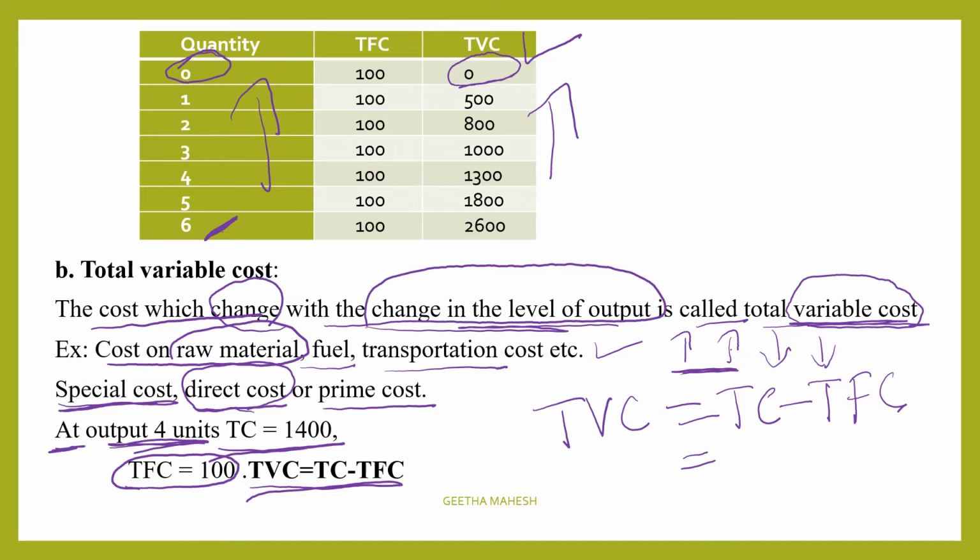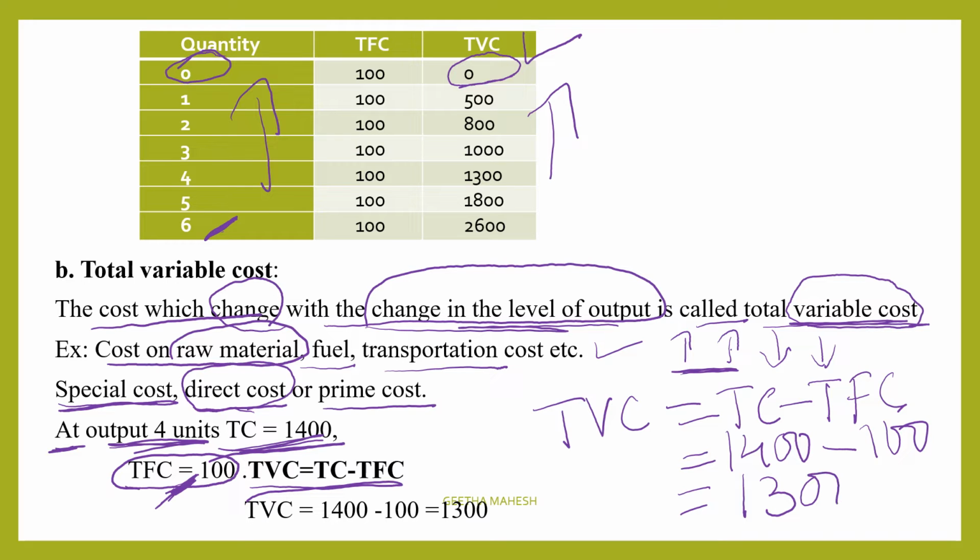So according to our example, total cost is 1400 and total fixed cost is 100. So if you take the difference, you will get 1300. This 1300 we call total variable cost. I repeat once again, total variable cost varies according to the level of output.